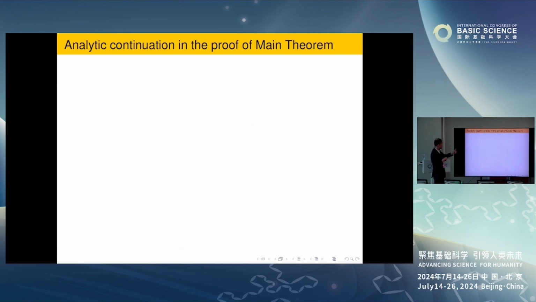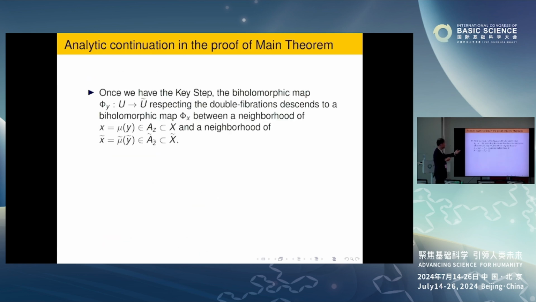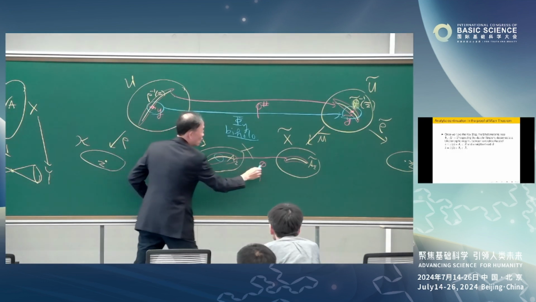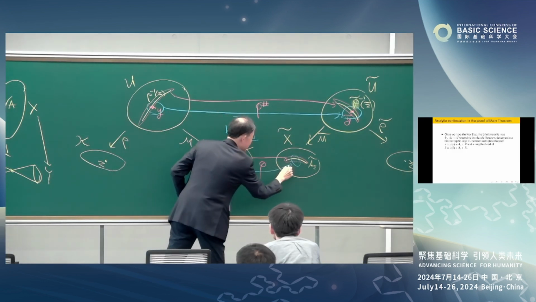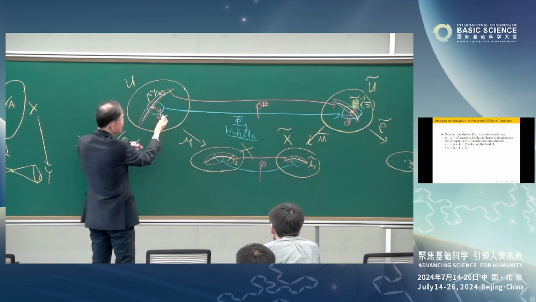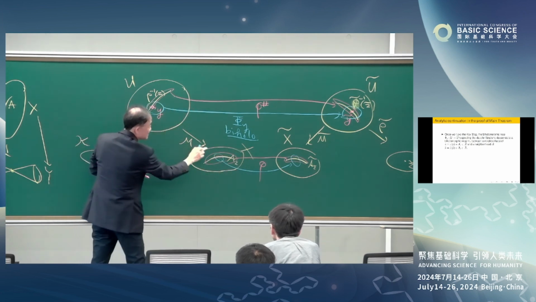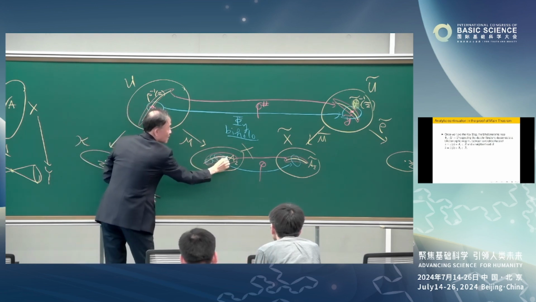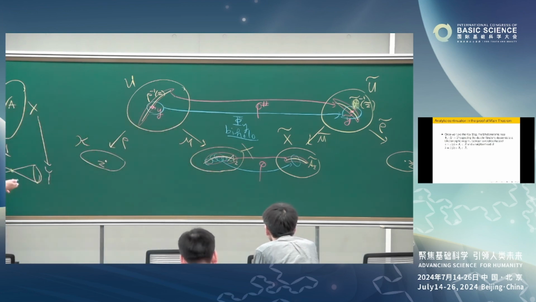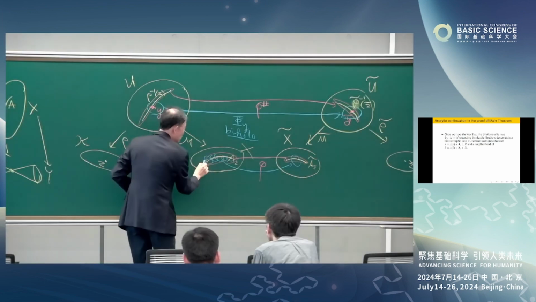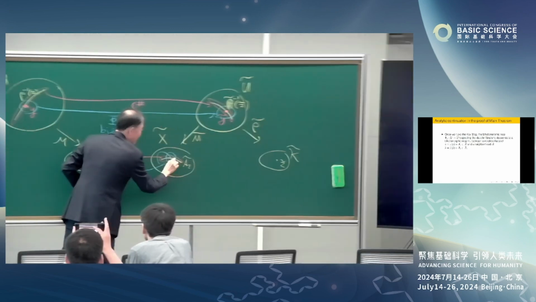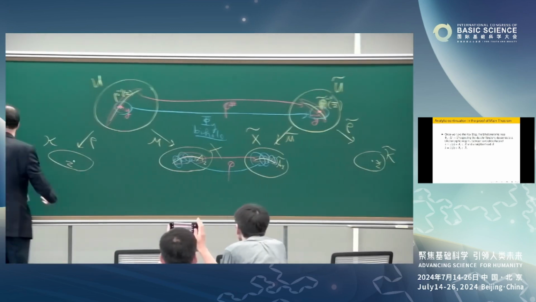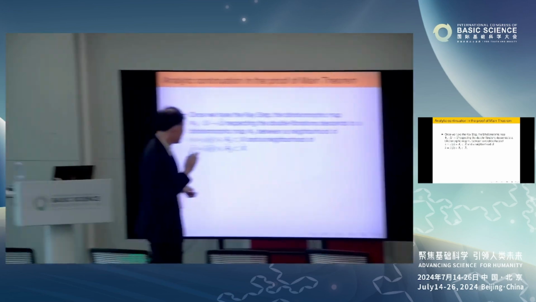Once you have this key step, then you can descend. Once you have such a biholomorphic map, because it respects the double fibration, it descends to a biholomorphic map between here. And then you can analytically continue this to a biholomorphic map between neighborhoods of A and A tilde.